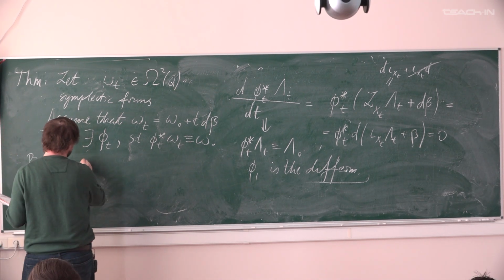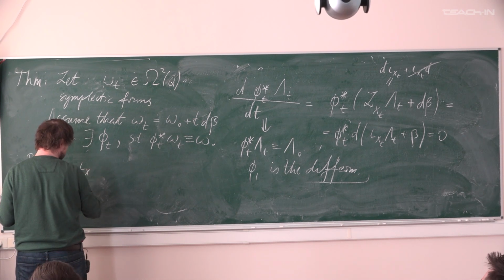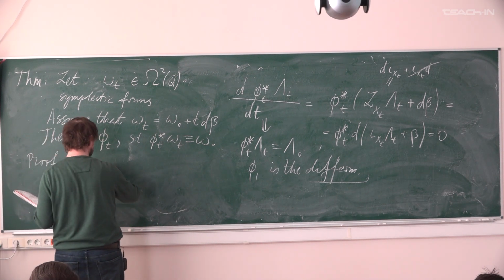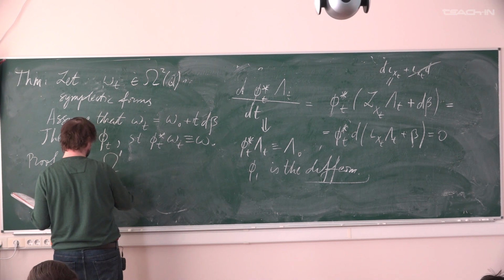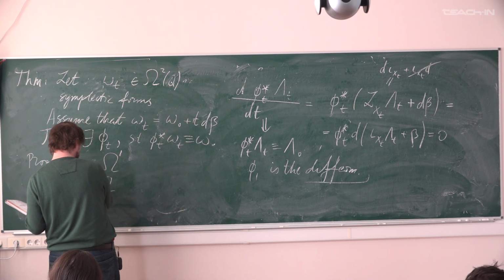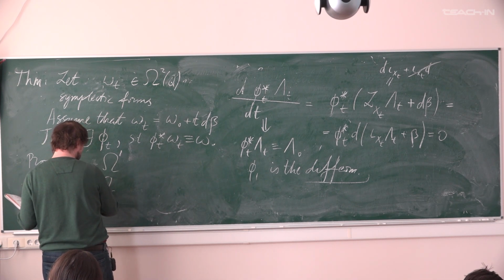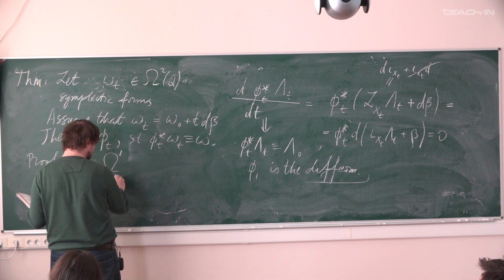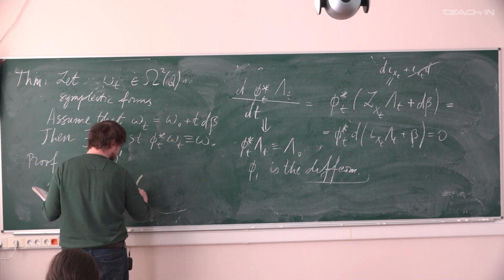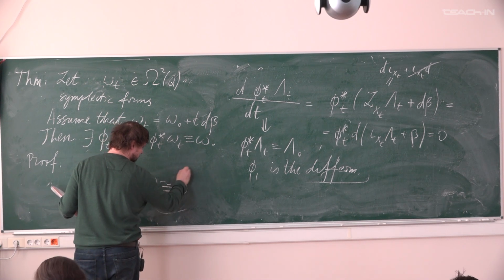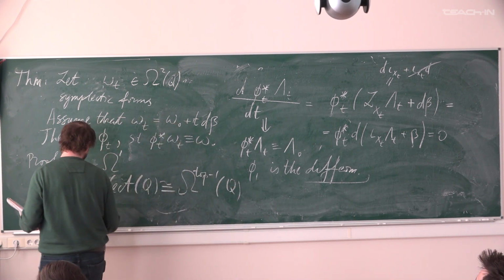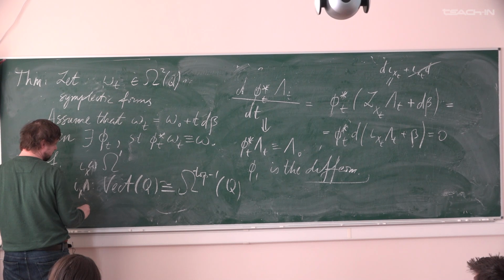Just instead of taking i sub x of lambda as the isomorphism between vector fields on Q and differential top minus 1 forms, as we used to do, now we consider the same map applied to omega sub t.